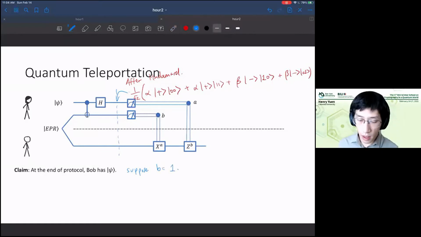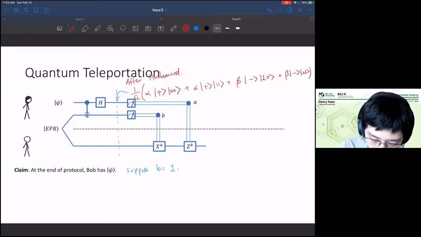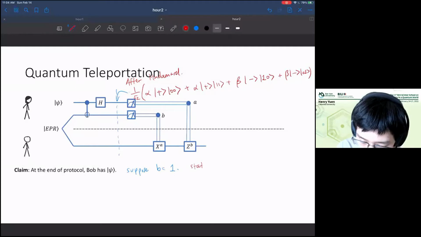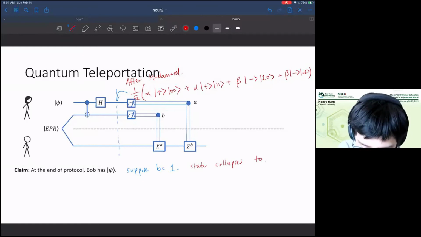Okay. Well, then, we have to remember how our partial measurement rules worked. So we just have to look at all the cases where the second qubit is in the state 1. So the state collapses to, and we're going to write down the unnormalized one, so I'll leave off the normalization.